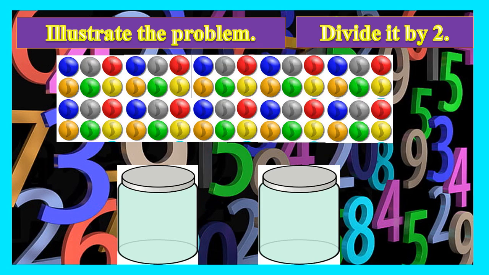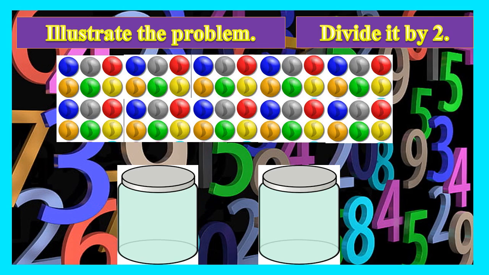To better understand the problem, let me illustrate the problem. How many marbles does Jack have? You're correct. It is 60 marbles. So let me see if these 60 marbles can be divided equally by 2, 5, and 10.